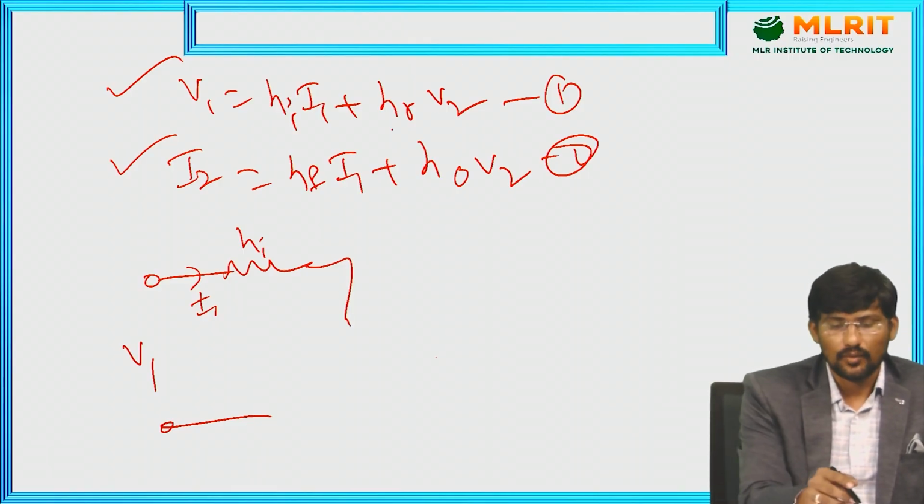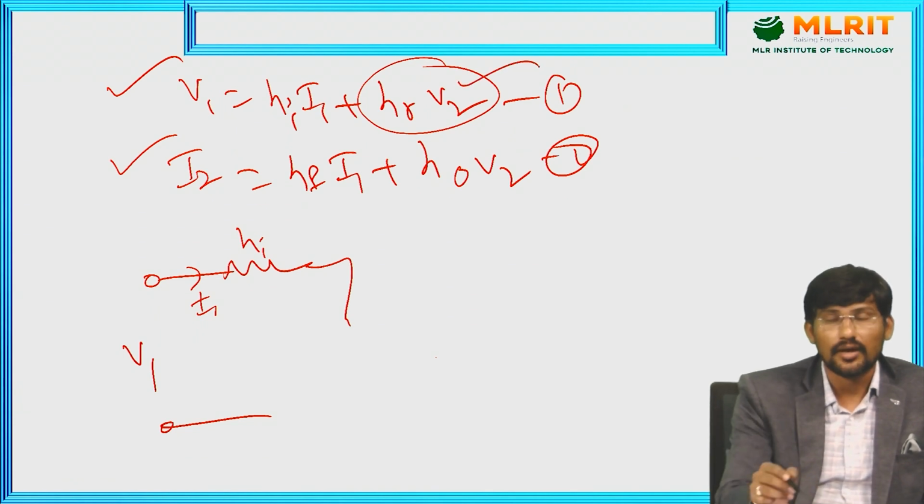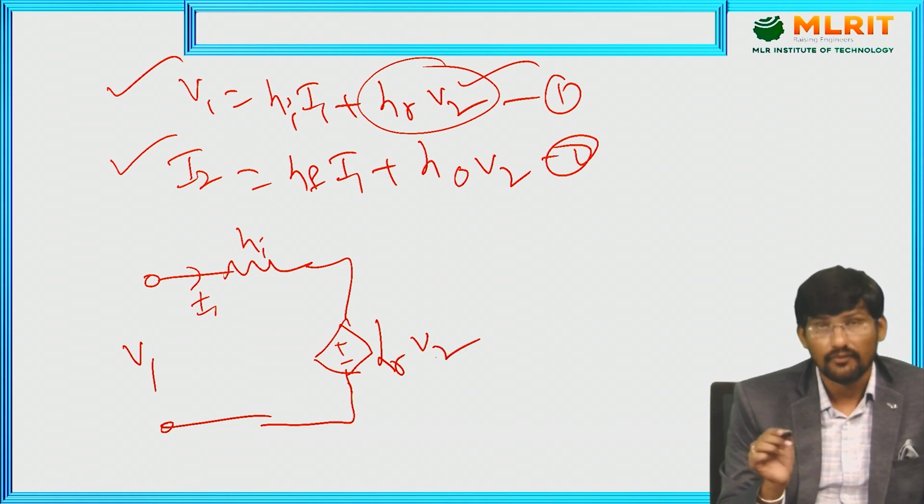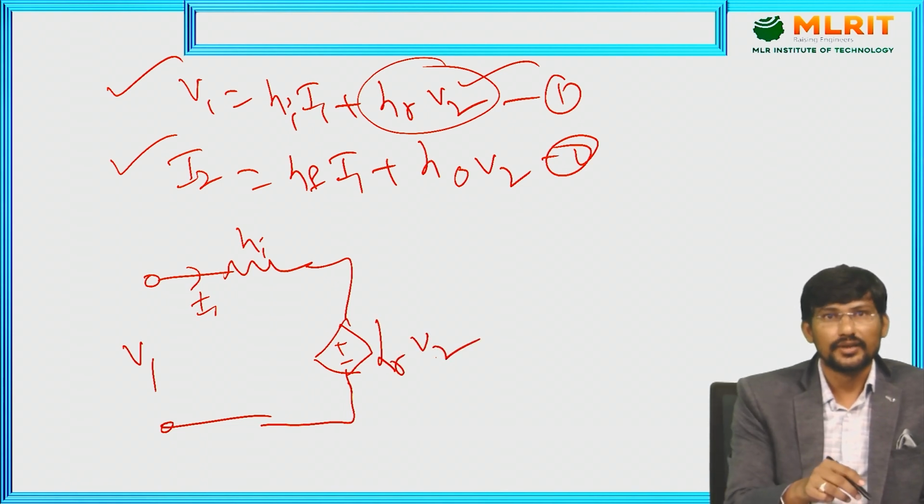So it's a combination of voltages, and HRV2 is a dependent source. It depends on the output voltage. It's a voltage dependent voltage source, HR into V2. This is the input side relation and input side model.